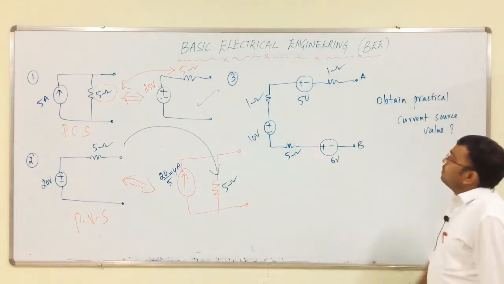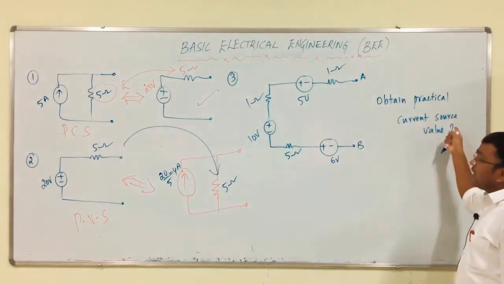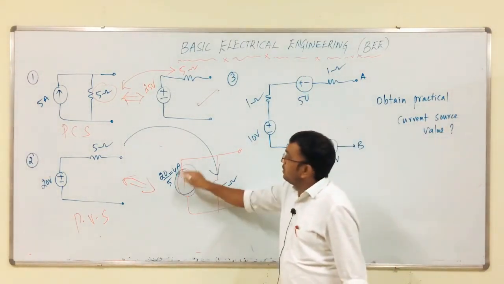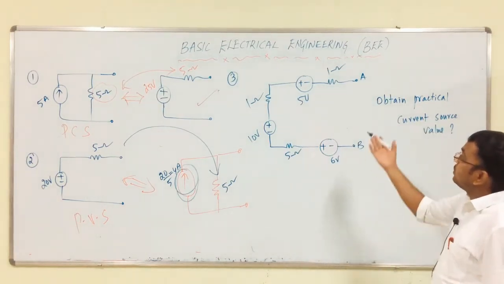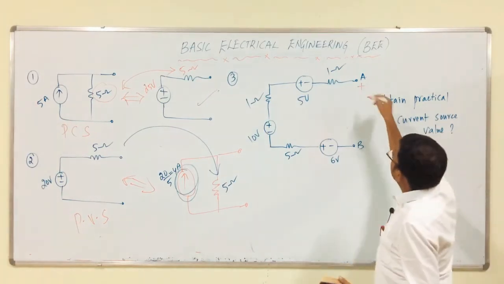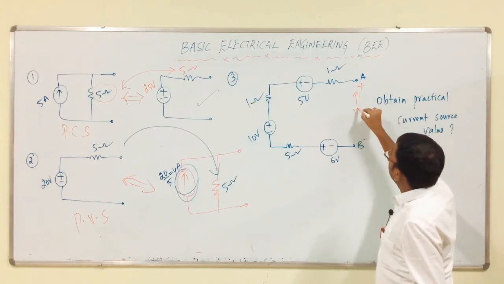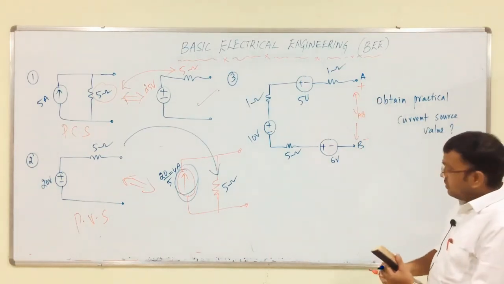Then from this problem, obtain the practical current source value, means he wants this current source value. Okay. So, looks like a simple loop, we just have to assume plus minus the voltage VAB, by KVL.